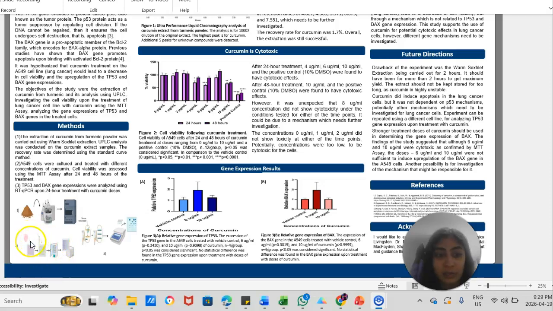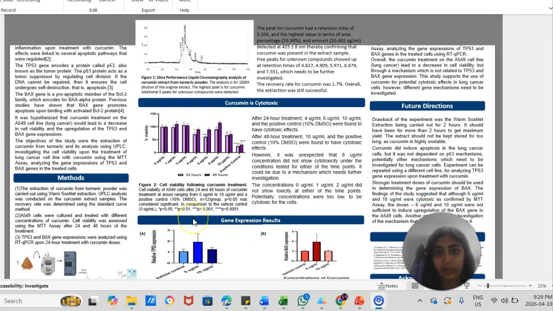I cultured my A549 cell line, the lung cancer cell line that I'm using, and treated it with different doses of curcumin. The treatment was for two different timelines: 24 hours and 48 hours. The third thing that I focused on was the gene expression of TP53 and BAX genes upon the treatment of curcumin in the lung cancer cell lines.